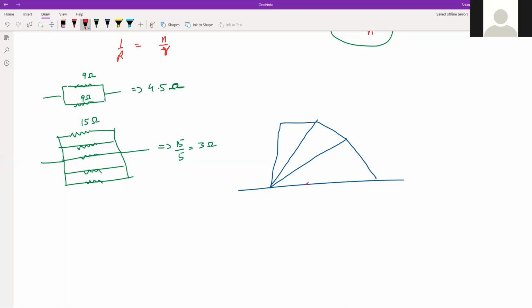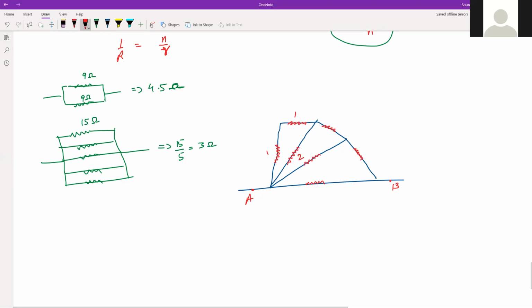So there are resistances here, and we have to solve this. And suppose the resistances are also given, that is 1 ohm, 1 ohm, 2 ohms.